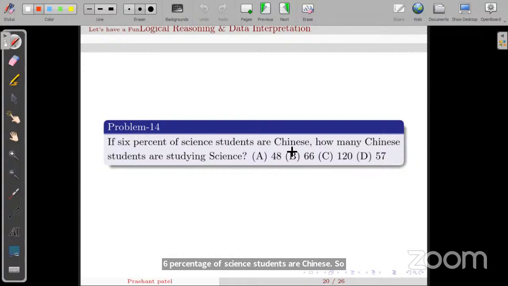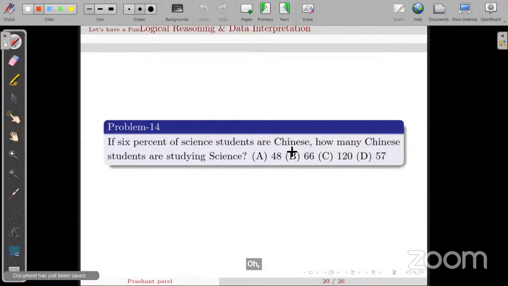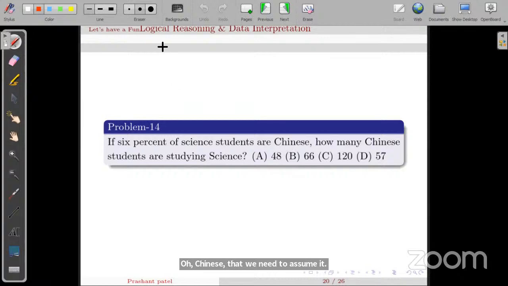So 6 out of all science students, 6% students जो है वो Chinese है, ऐसा assume करना. That we need to assume it. And then how many Chinese students are studying in science? So we already know that 1049 students are studying in science और वो उसका percentage 23 है.